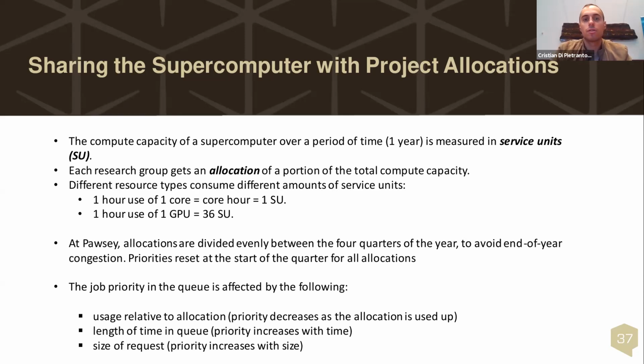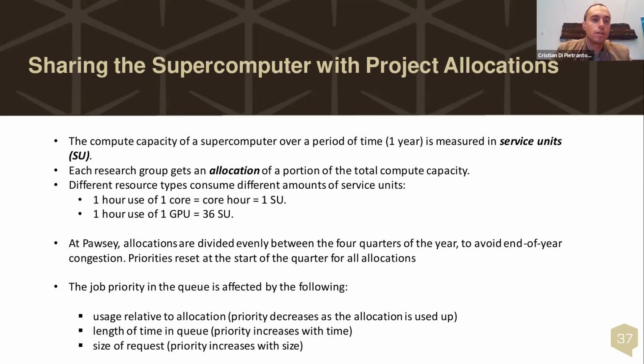The way we do so is through a merit allocation process. Each year, a user or research group applies for time on the supercomputer and gets a certain amount of service units. At Pawsey, we further partition each allocation into 4 equal parts, which correspond to the 4 quarters of the year.